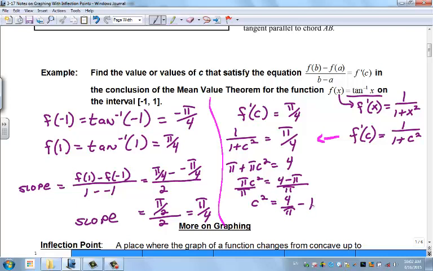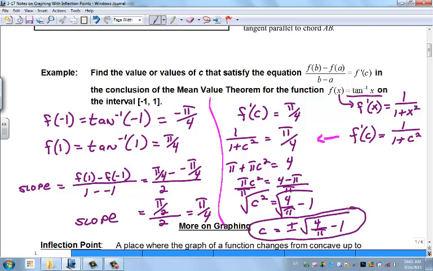Then you just take the radical of both sides, and you get c is equal to plus or minus radical 4 over pi minus 1. And that is the solution to the mean value theorem.